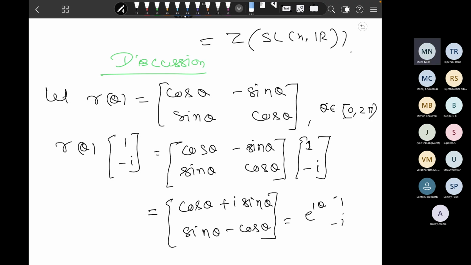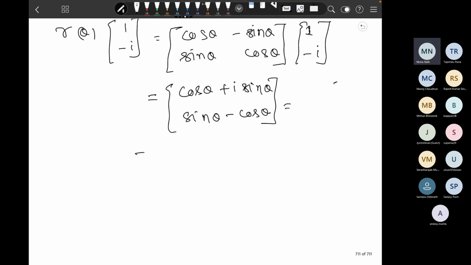Okay, so let us do that. This is the cos theta plus i sin theta. This is really minus of i sin theta plus, minus i if I take it out. So really this is e to the power i theta into (1, minus i).